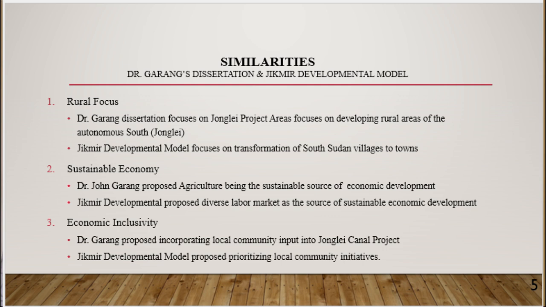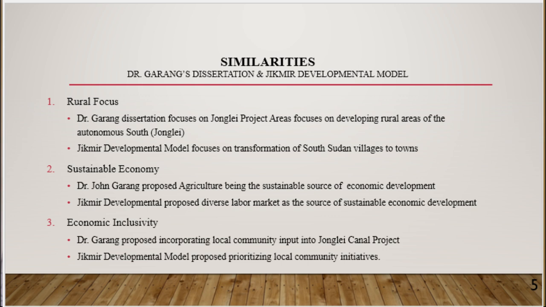So it's a sustainable source for the economy. Similarly, the Jikmir Development Model proposes to diversify the market, right? Diversify the labor market to where different sectors can contribute to the national economies, right? Again, they share the same approach to sustainable economy.